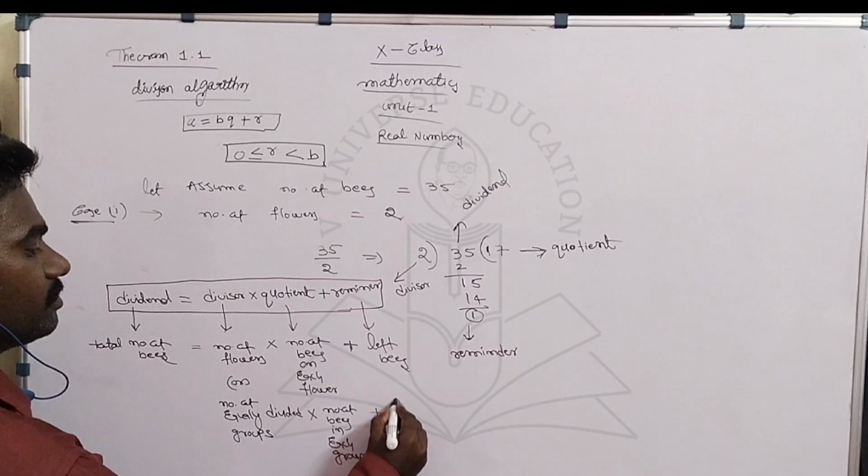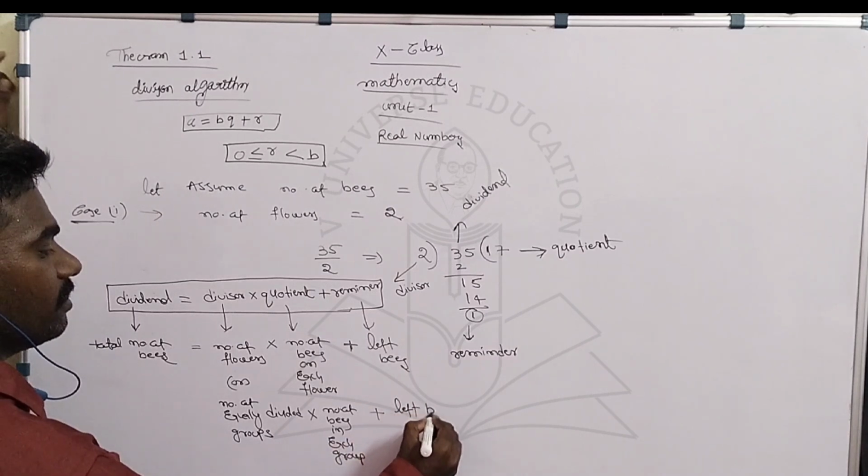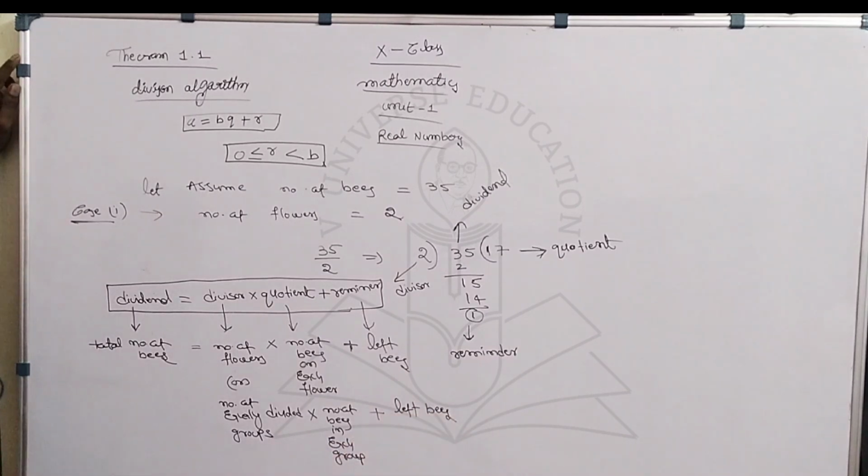So this left bees is as usual the same, left bees. So this total number of bees is also the same.